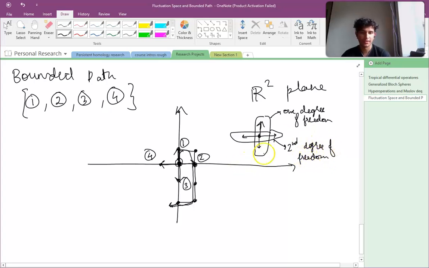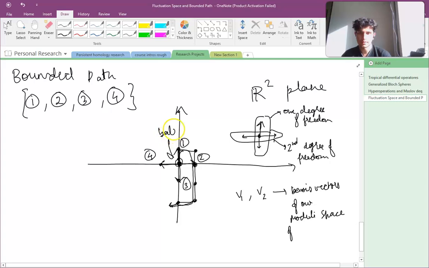And using these, we can form our basis vectors v1, v2, which are the basis vectors of our moduli space, let's call this the ball. Okay. This is another interesting direction to take it down.